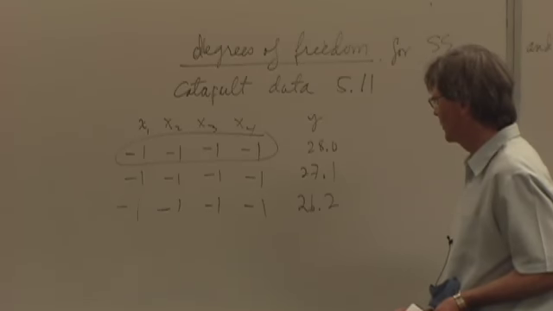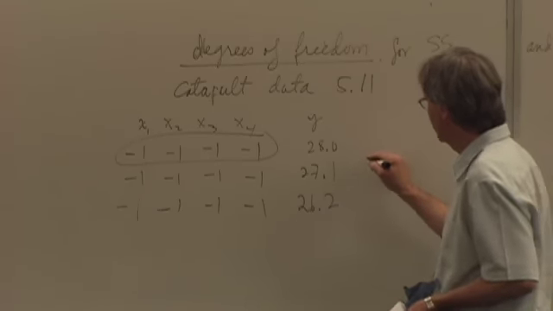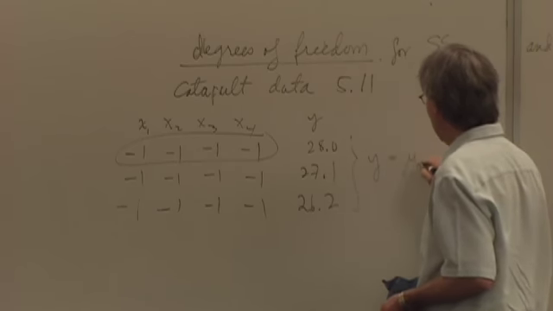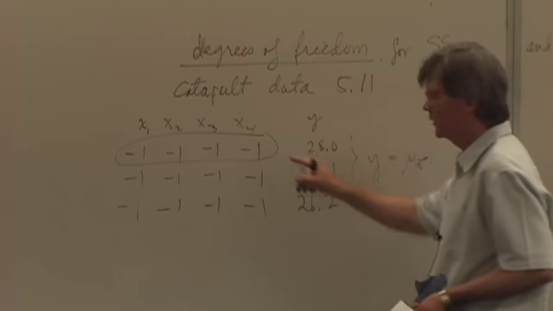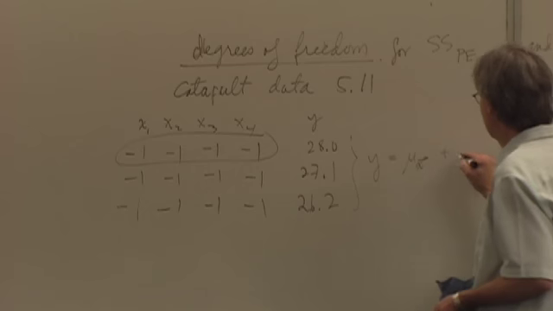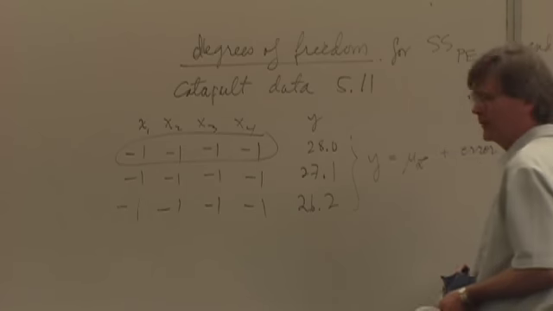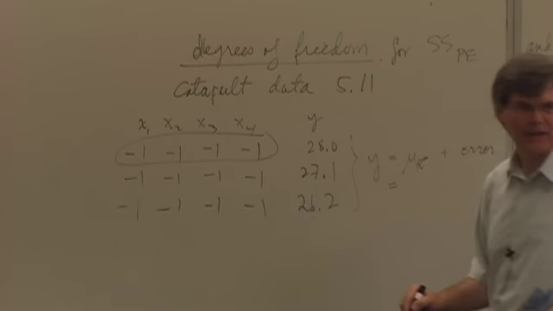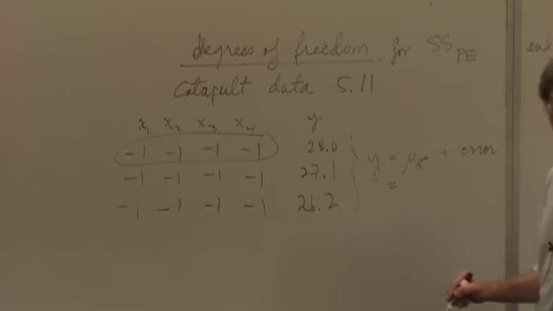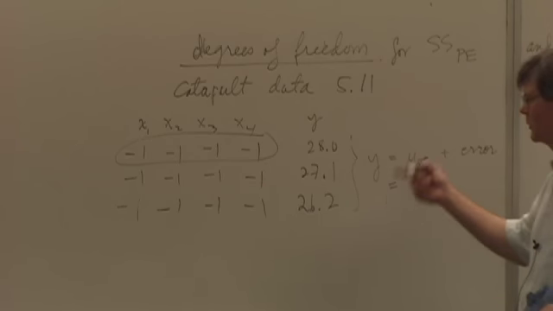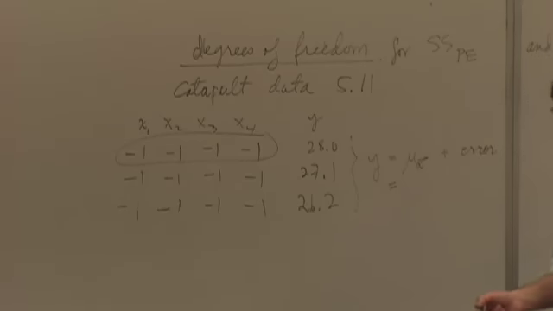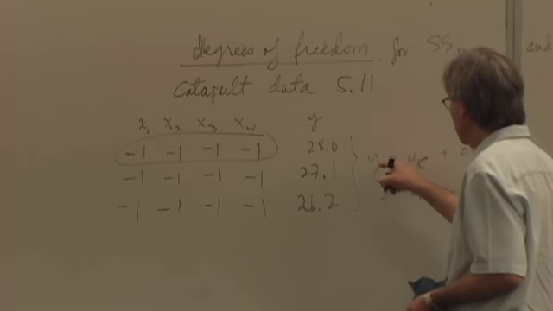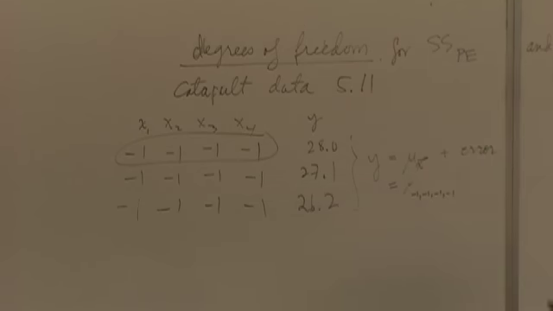So what you get is an estimate of pure error. What you know is that these y values are modeled as mu sub x, as a vector, say minus 1, minus 1, minus 1, minus 1, plus error. Whatever the mean is, we can model it as a linear combination of the x's: beta 0 plus beta 1 x1 plus beta 2 x2 plus beta 3 x3 plus beta 4 x4. But this is mu sub minus 1, minus 1, minus 1, minus 1 in this particular case.